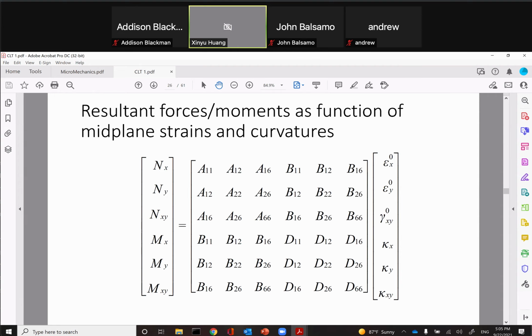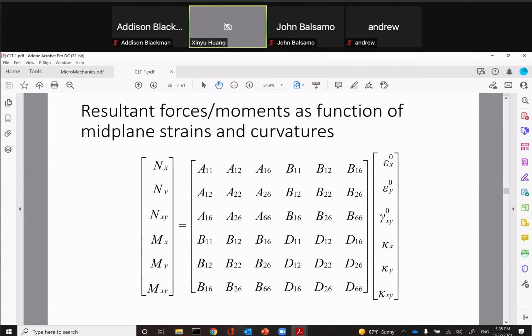So I'll jump ahead a little bit. The way you solve a laminate is you first figure out what your external load is. And then you figure out these quantities, which have to do with your fiber architecture, meaning your layer structure, orientation, and material properties.